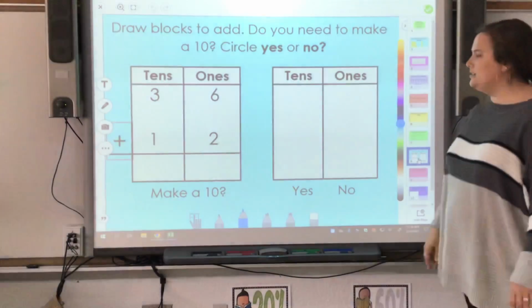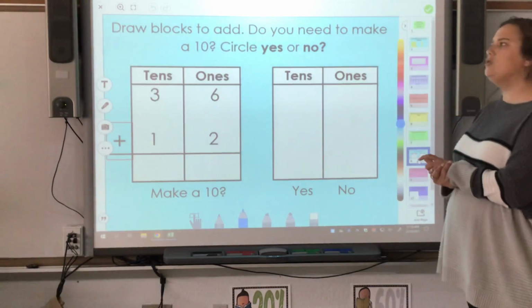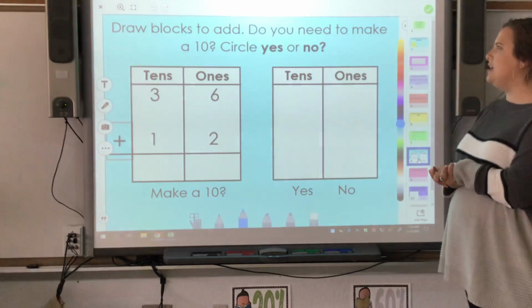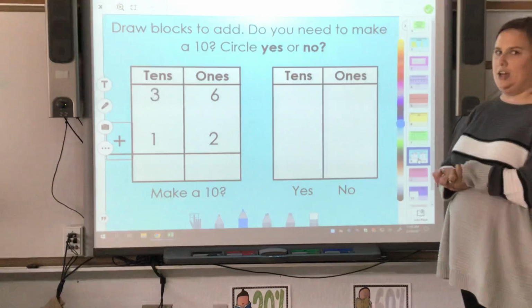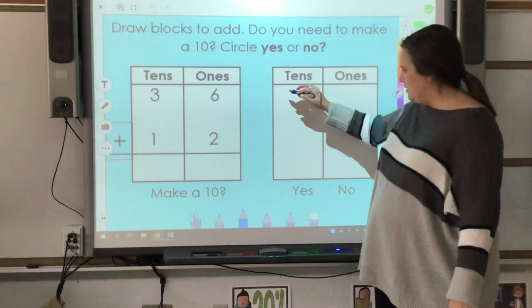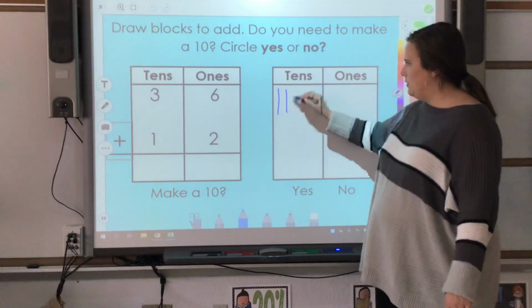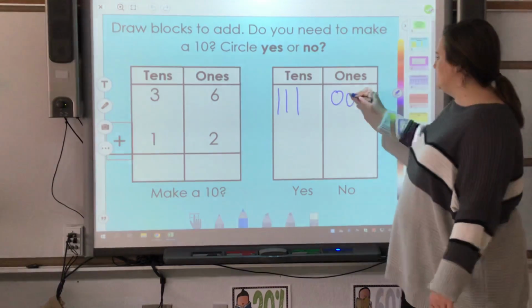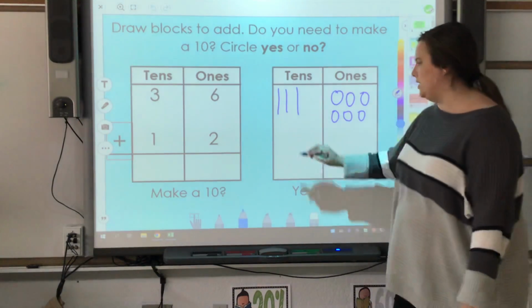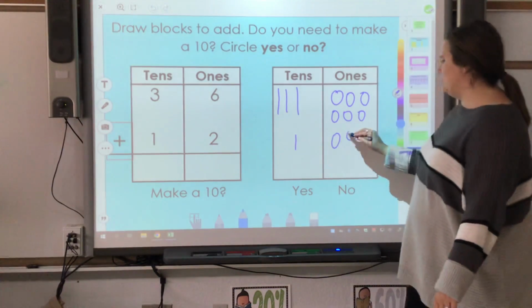All right, friends. So we have right here, draw blocks to add. And then do you need to make a 10 circle, yes or no? So we know we've got 3 10s and 6 1s. That's for the first half. Now we have 1 10 and 2 1s.